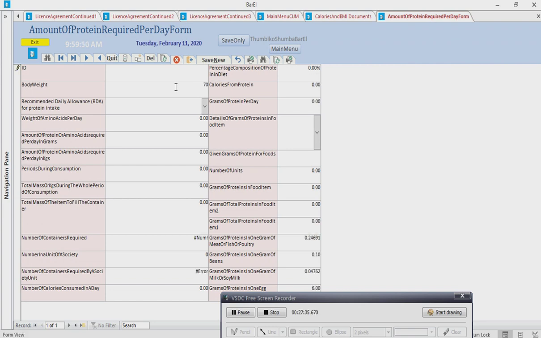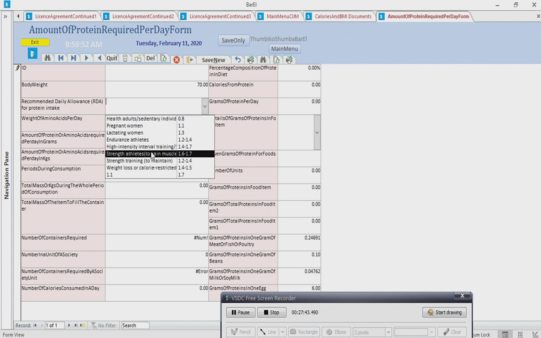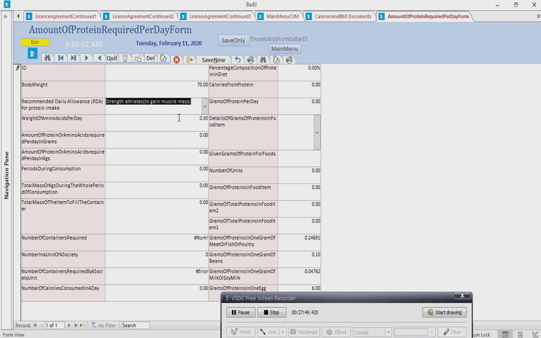Let us say the body weight of an individual is 70. Recommended daily allowance for protein intake, let us say for an athlete, the weight of amino acids required per day is 1.7.